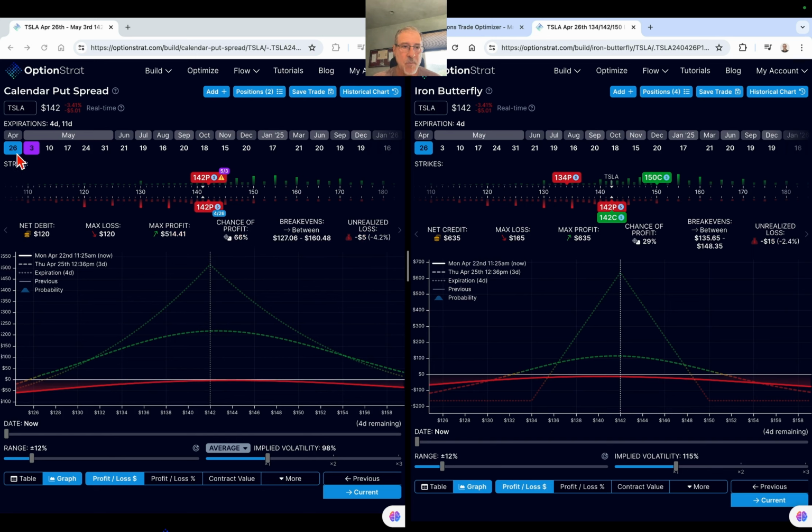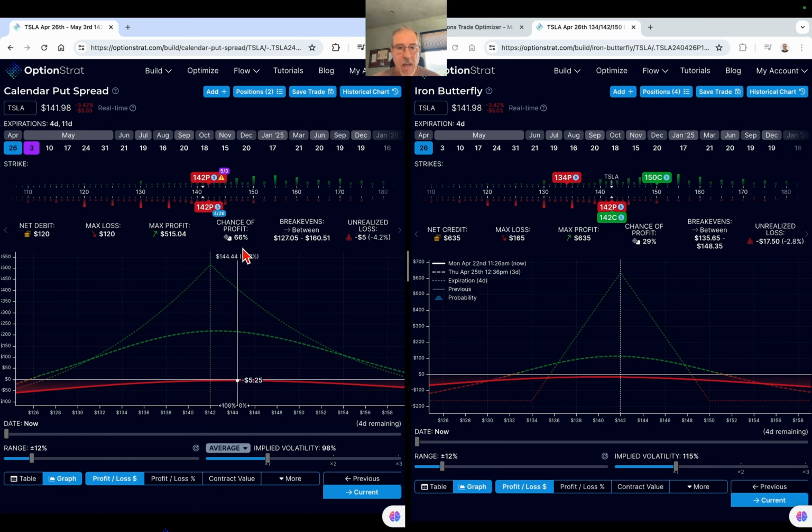Again, we have two different expirations here. And based on those two different expirations, and based on the fact that right now our break-evens look like they're all the way out at 128 and maybe up here at 160, if those were going to be our true break-evens, this would be a likely number to go with. But what you're going to see on Wednesday is something that's really going to open your eyes on calendars, and you're going to see how this calendar changes and how it, quite frankly, shrinks up quite a bit.